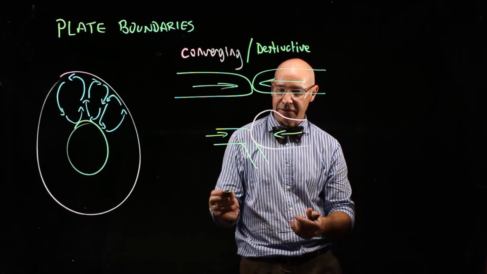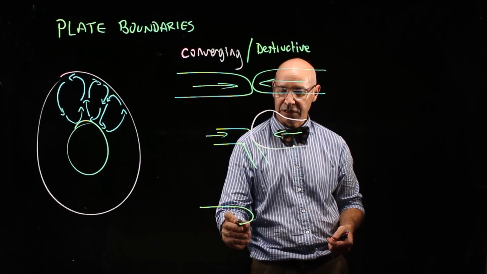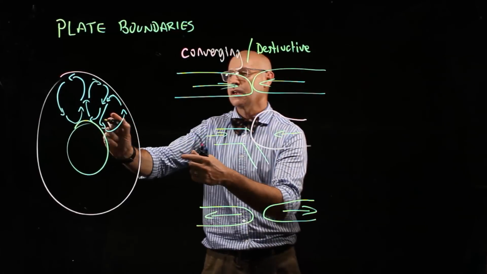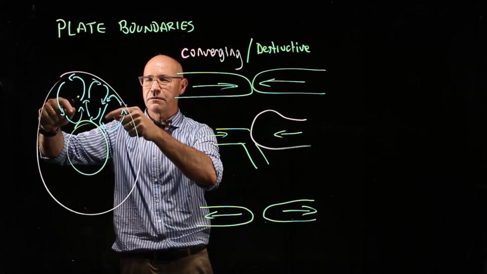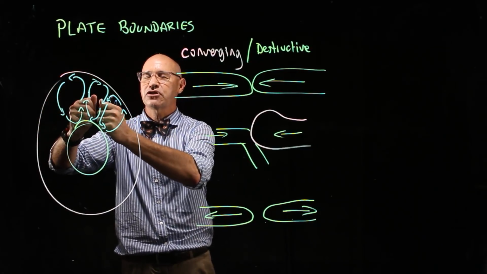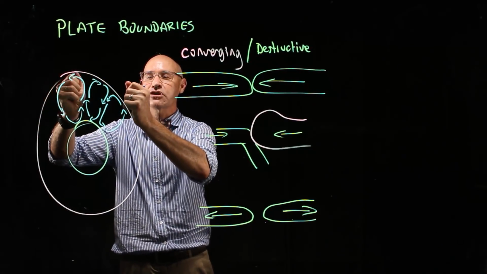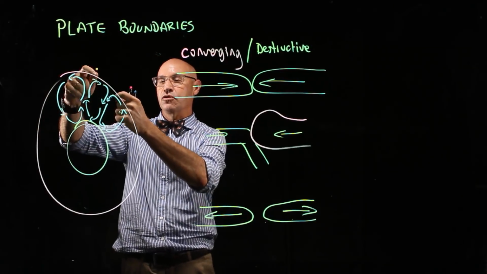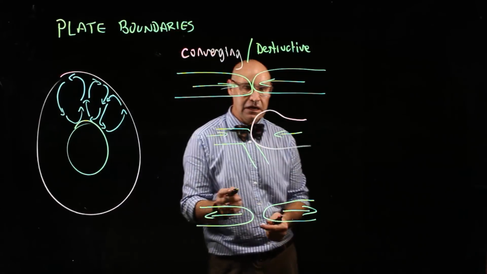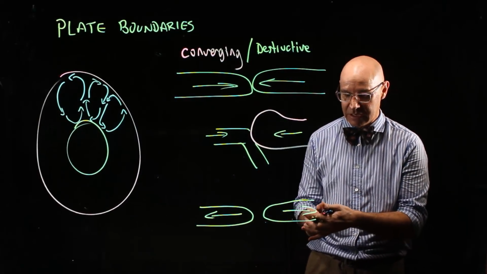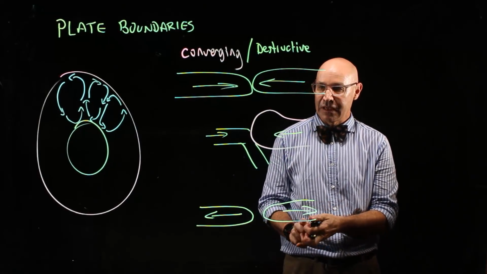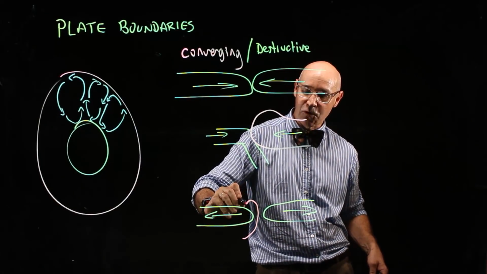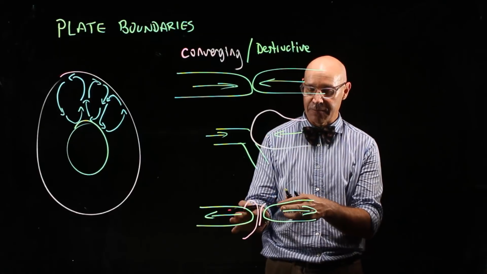So the next one we have is where we have plates that are actually separating. This happens in a situation like this, where we've got two convection currents that are moving in opposite directions. What it actually does is it splits or separates the two plates. And what actually happens in between is that the magma comes up through here and forms new crust.